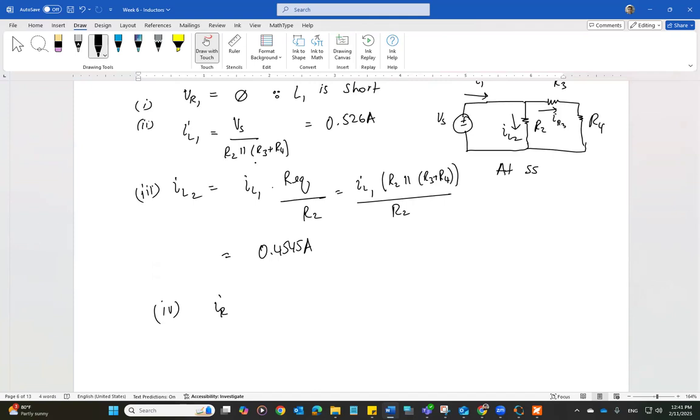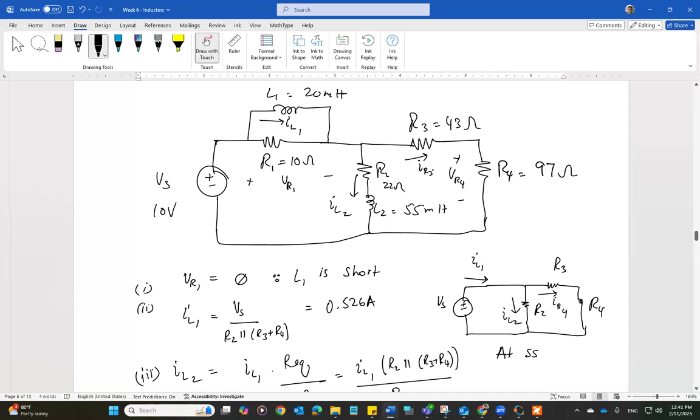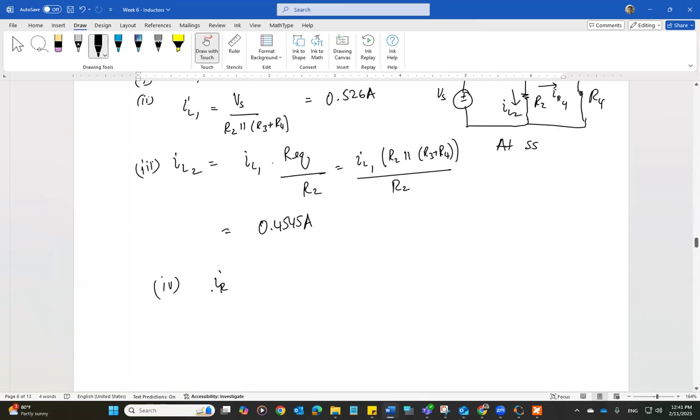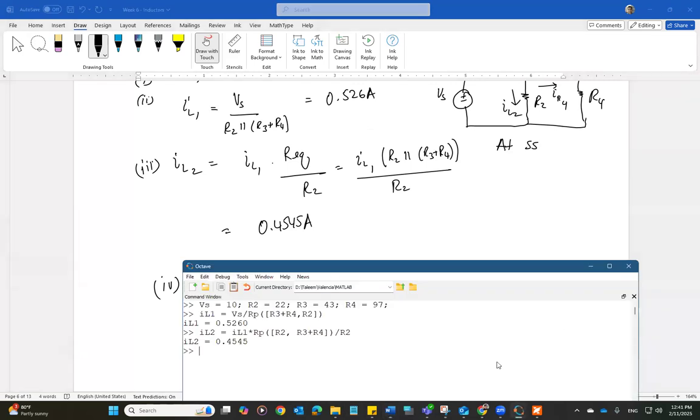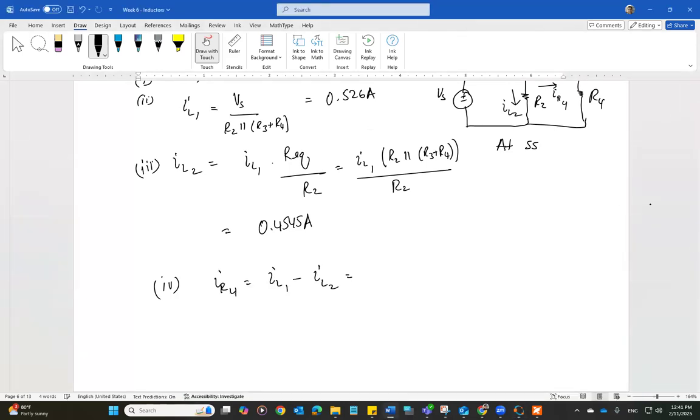Let's call it IR4 since we are calculating VR4, instead of calling it IR3. IR4 is equal to the total current IL1 minus the current going into IL2. So IR4 is equal to IL1 minus IL2, which is 0.071, so 71 milliampere.